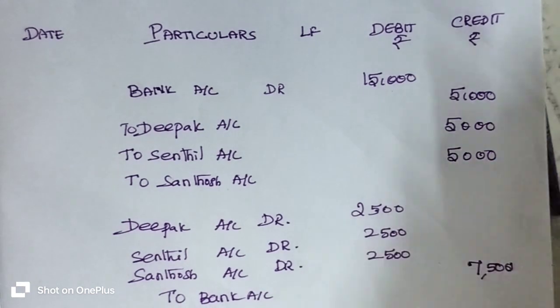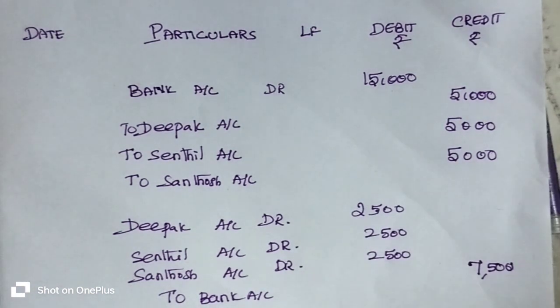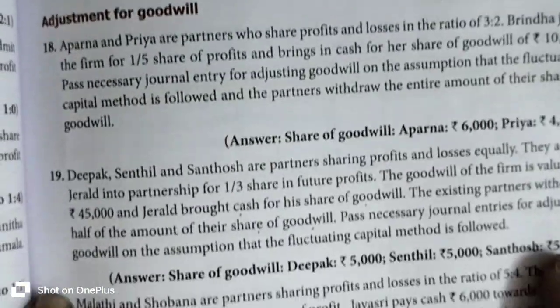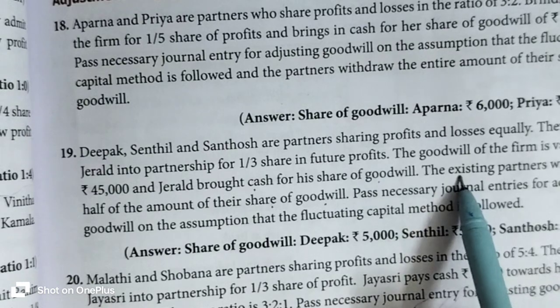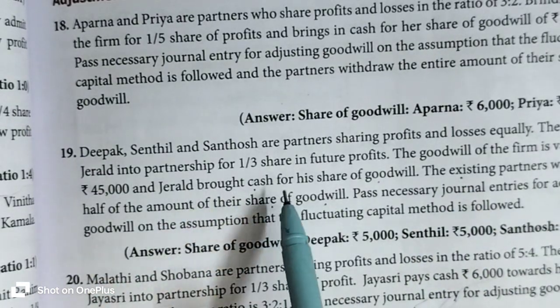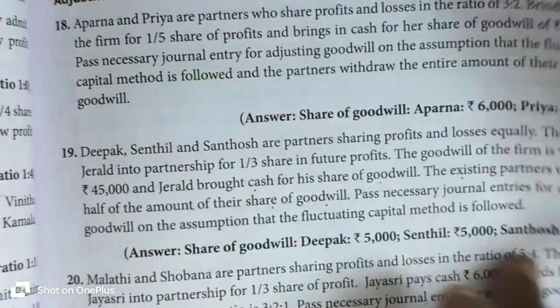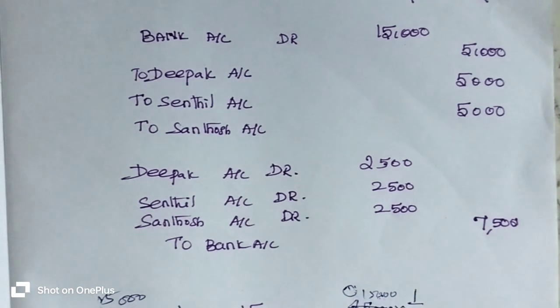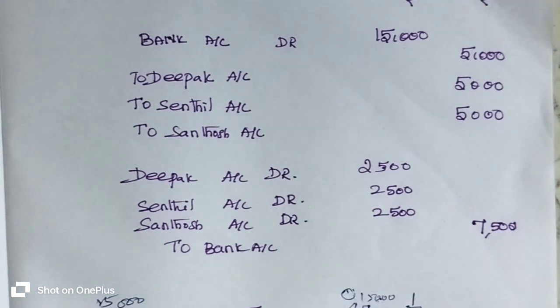That 15,000 rupees, how can the old partners share it? Listen here, the 15,000 rupees is distributed to the old partners in the sacrificing ratio. The sacrificing ratio is not given in the question, so we have to assume the old profit sharing ratio as the sacrificing ratio.